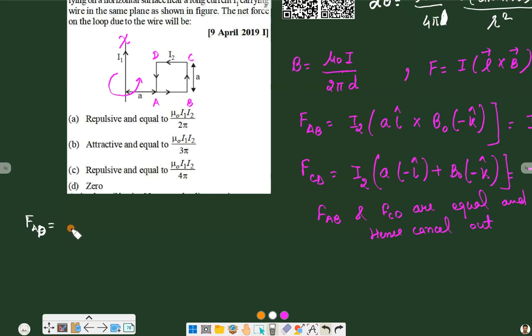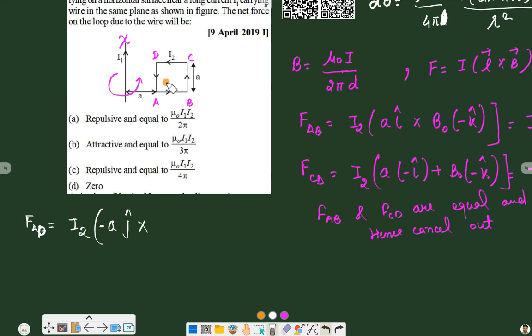First we write the value of current, that is I2, because force is IL cross B. Now its length vector will be in the downward direction, so we can say minus J, and length is A, so A with minus J, cross with the magnetic field.